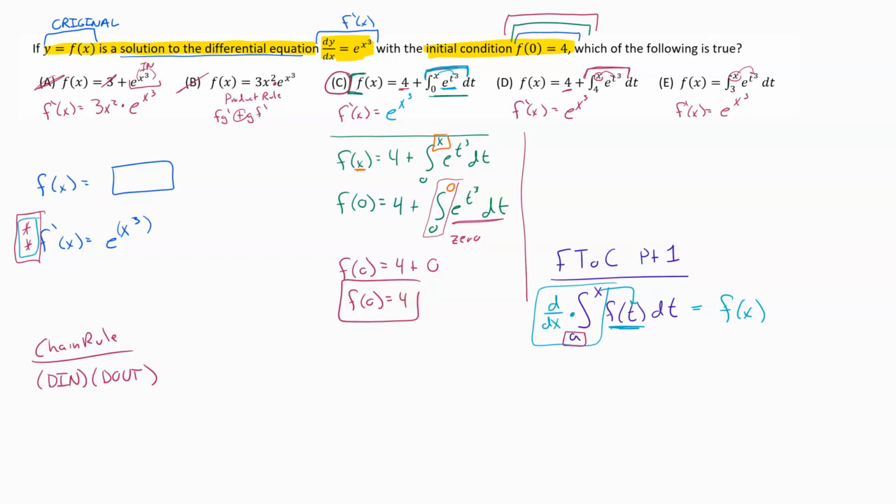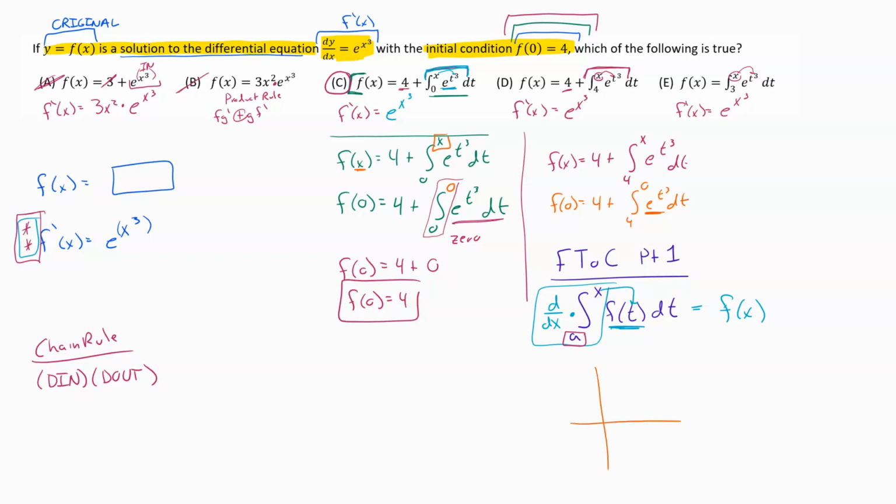If you needed to go on to these other ones, what you're going to notice is your integrals aren't going to work out. When I look at option D here, I get 4 plus the integral from 4 to x of e to the t to the third dt. Well, when I do f of 0 on this one, plugging in 0 there, I'm going to get 4, and then the integral from 4 to 0 of e to the t to the third dt. You may not know what this antiderivative is, but you know that it's not going to end up equaling 0 because e is always above the x-axis, right?